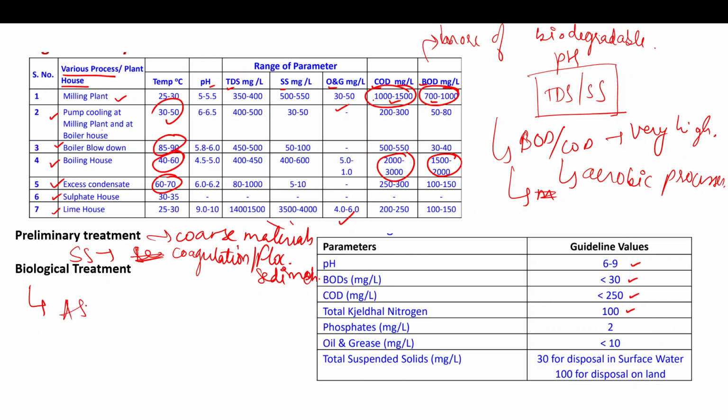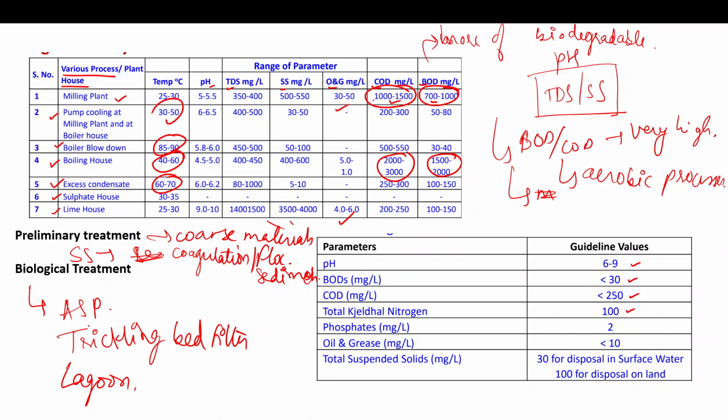It can be an activated sludge process, trickling bed filters, or lagoons, which is to take care of the high amount of BOD present. You do not require any tertiary treatment to degrade organics, because the majority of the organics are biodegradable in nature.